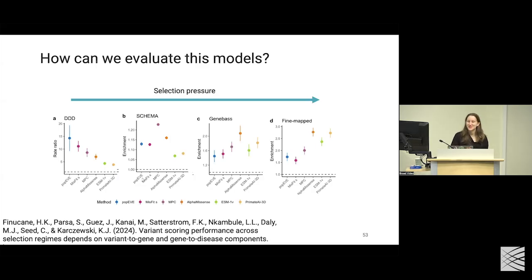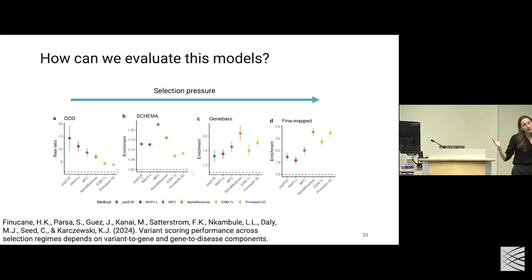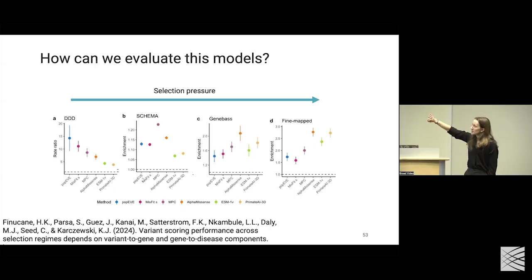So what you can see here is these tasks, you can conceptually think about them as having more or less selection pressure. And we can see very nicely here that different models, some of them look like rock stars in the beginning. Some of them look like rock stars at the end.